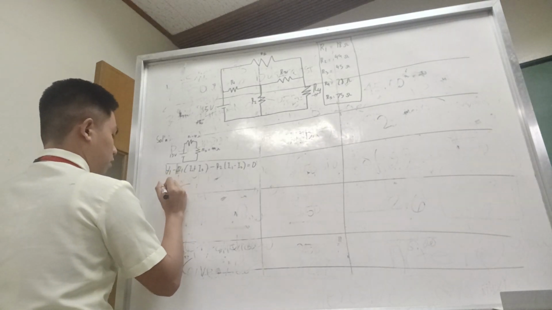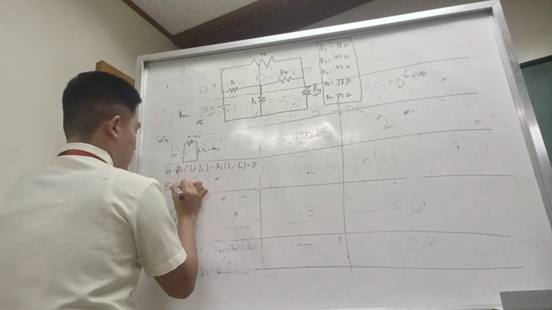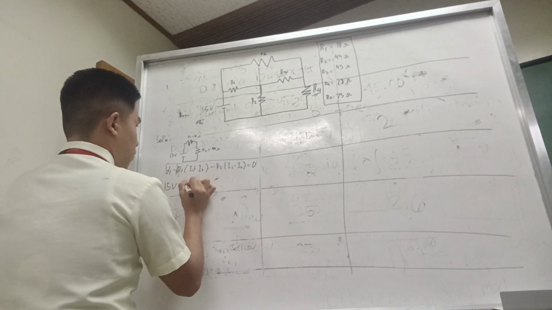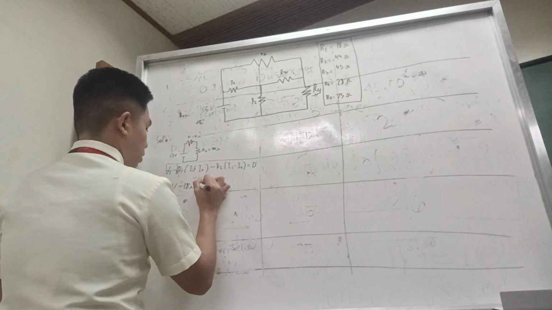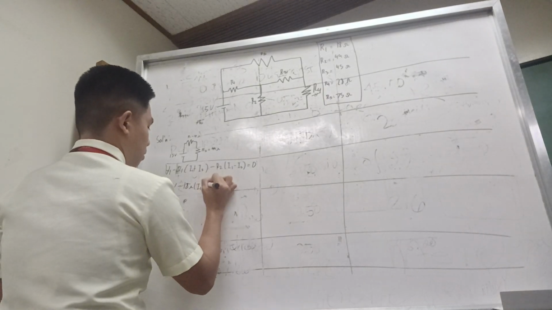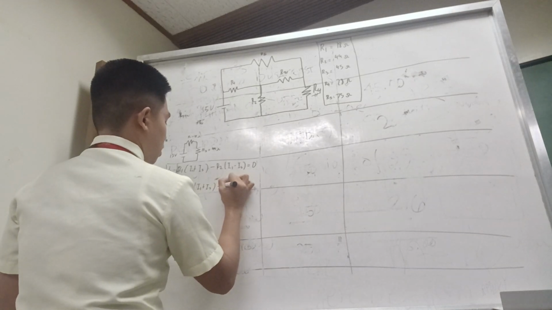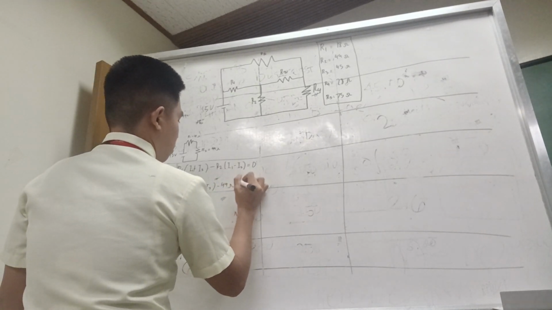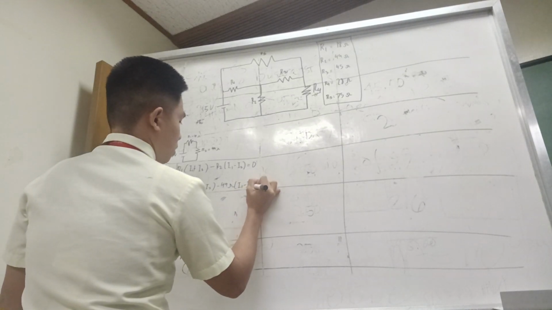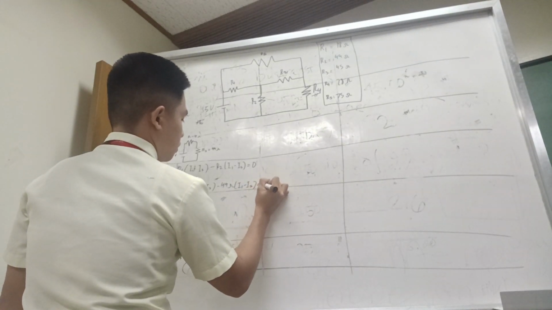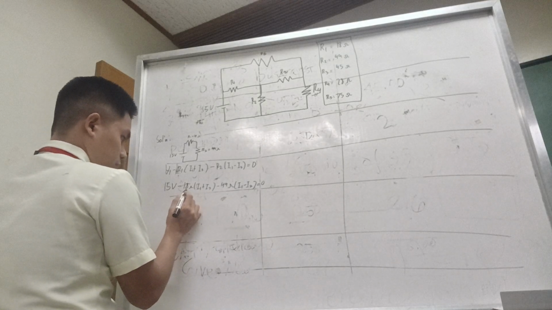So this V1 is the voltage, 15 volts minus 18 ohms parenthesis I1 plus I3 minus 49 ohms parenthesis I1 minus I2 is equal to 0. Okay, we need to expand.